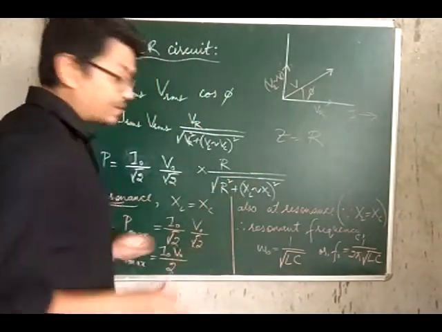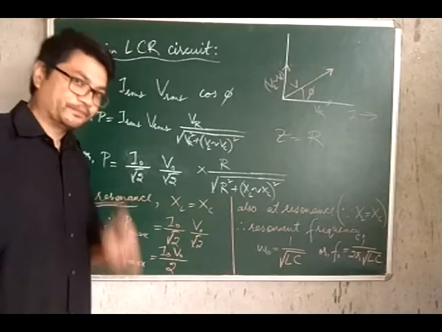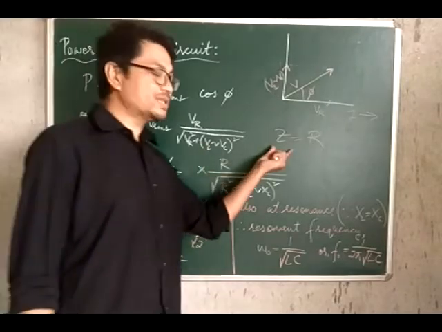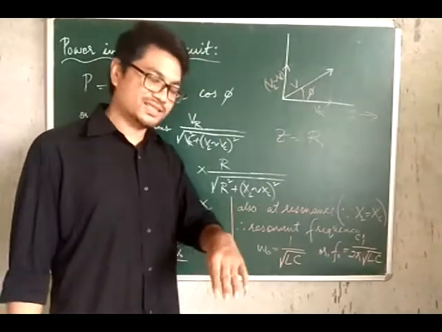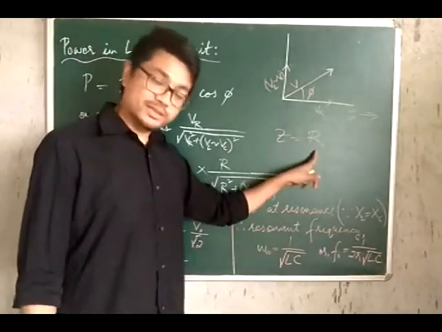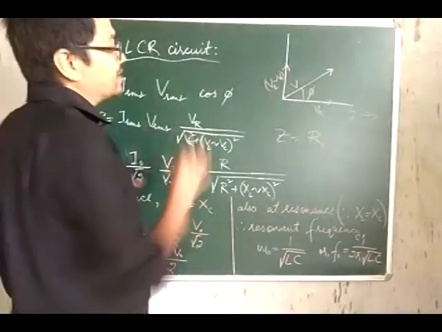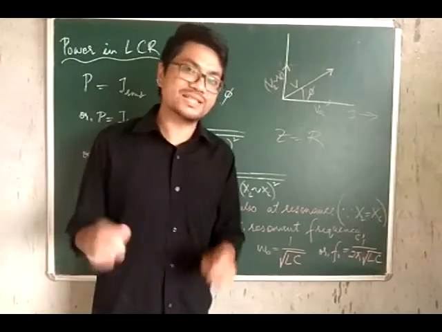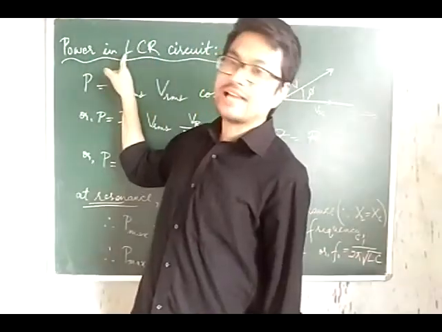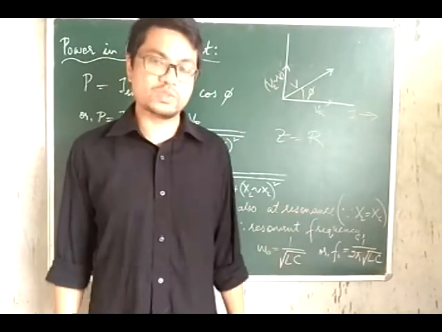Do remember these points especially. At resonance the impedance is the least, equal to the value of the resistance in the circuit itself. As if at resonance the LCR circuit behaves as if there is no L and C, as if there is only a resistor.